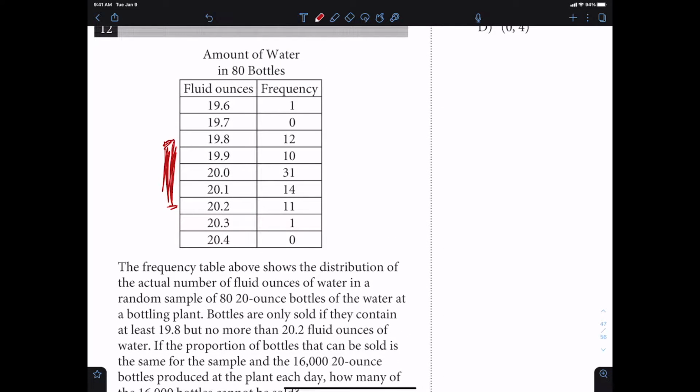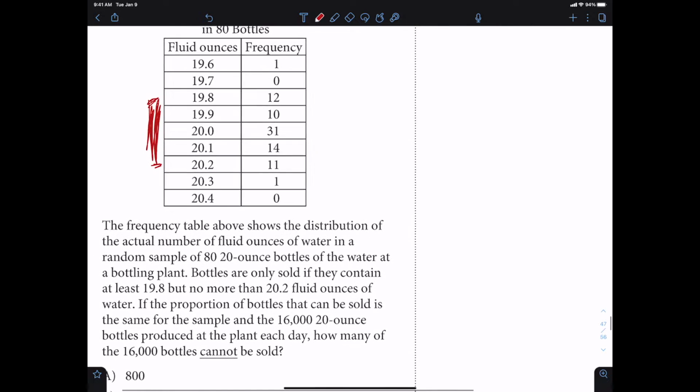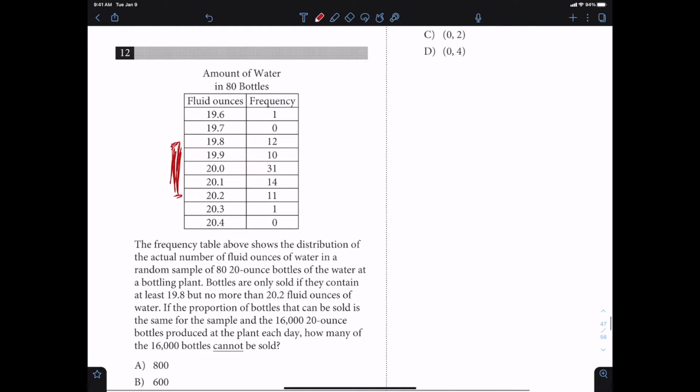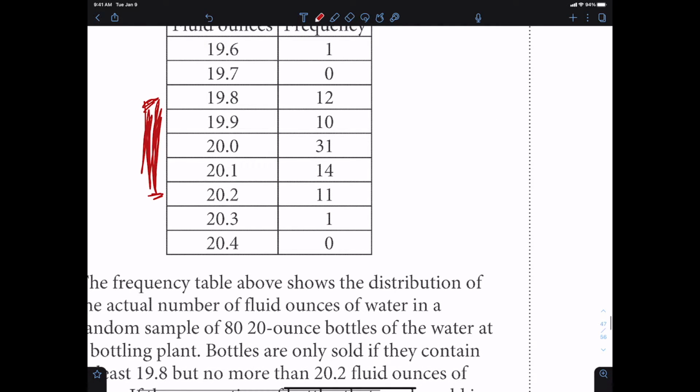So in this case, let's look at how many cannot be sold from the ones that were given, right? The ones that cannot be sold here is 1, because 0 plus 1 is just 1. And then these all can be sold, so we're not going to look at that. We're going to look at these two, which is just another 1, because 0 plus 1 is 1 again.